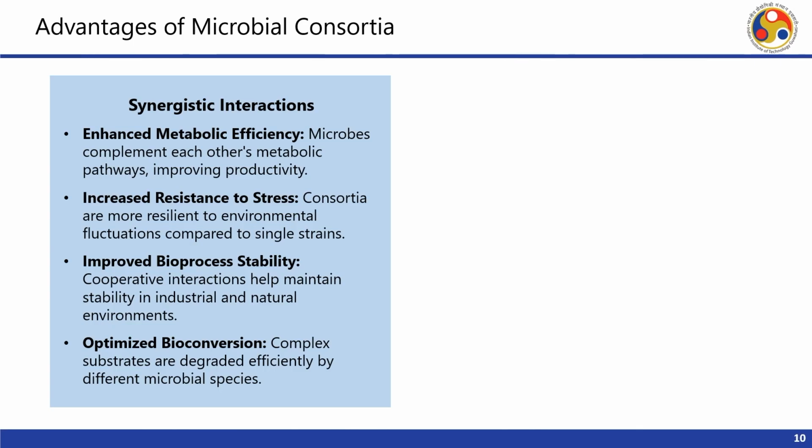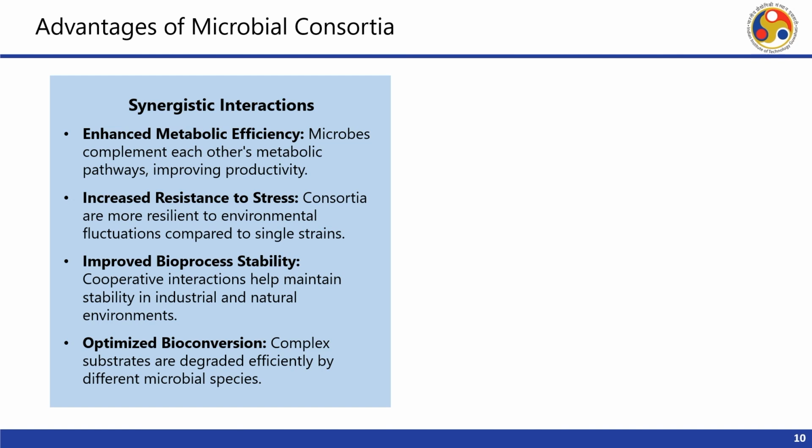So, what are the advantages of microbial consortia? They provide synergistic interactions due to which an enhanced metabolic efficiency is achieved. Microbes complement each other's metabolic pathways, improving productivity. Then there is increased resistance to stress.